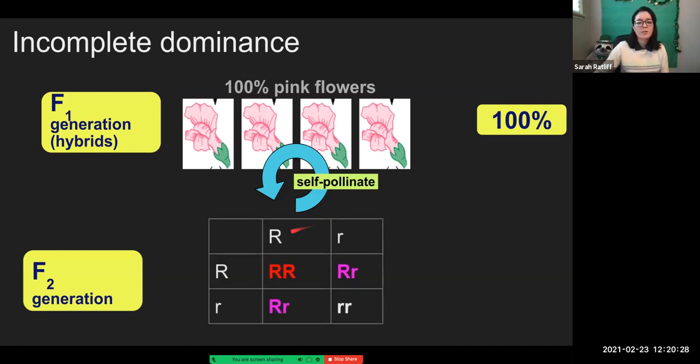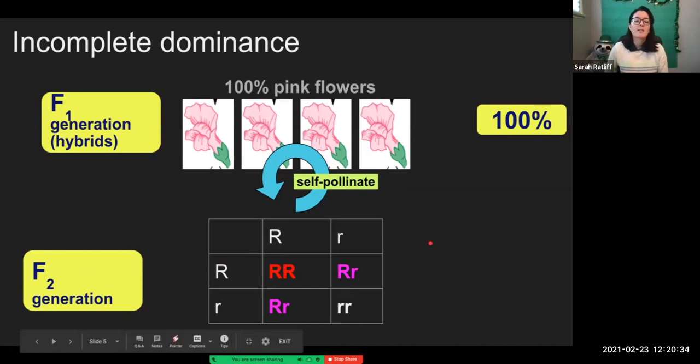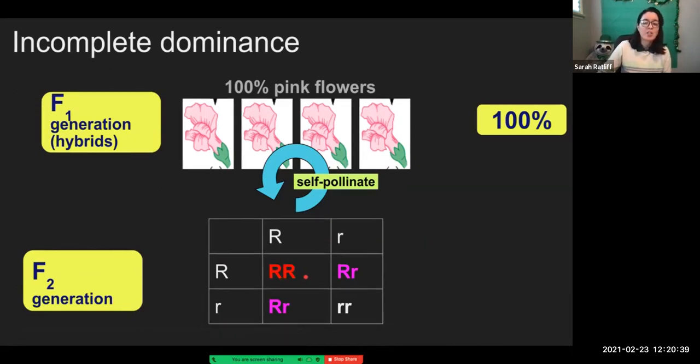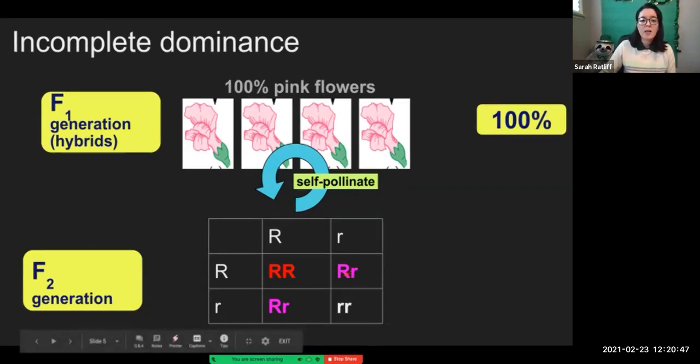We put our heterozygous mother on the top and heterozygous father on the side, or vice versa, they're both heterozygous. And this is what we get. We get the same genotypic ratio as we would see in a complete dominance scenario, like with the pea plants. We have one homozygous dominant, two heterozygotes, and one homozygous recessive, a 1 to 2 to 1 ratio.